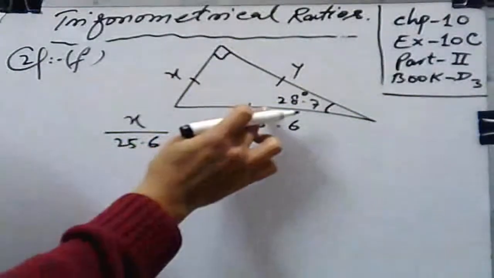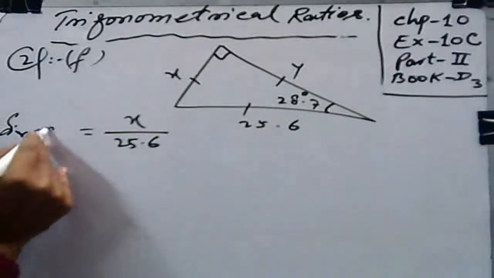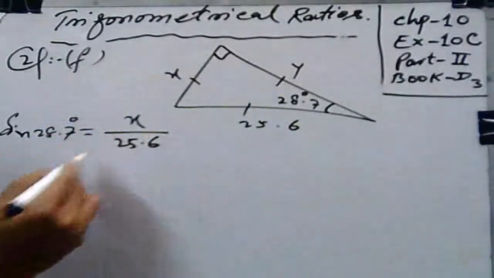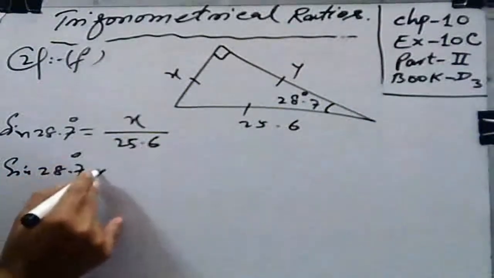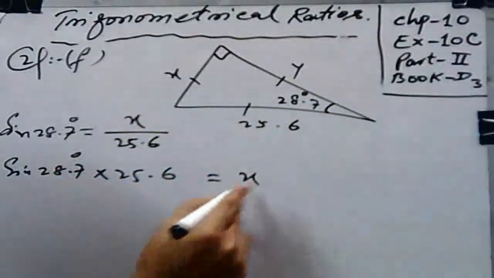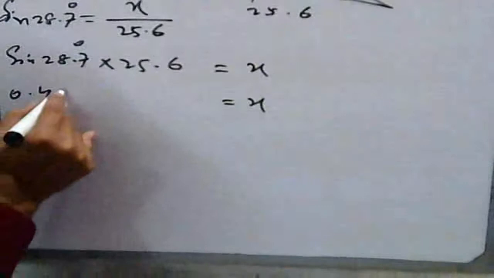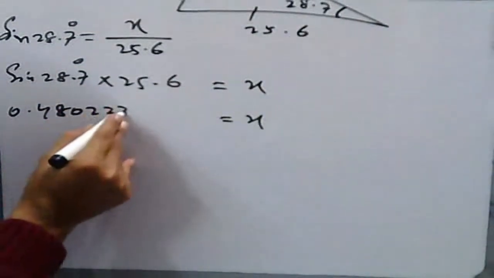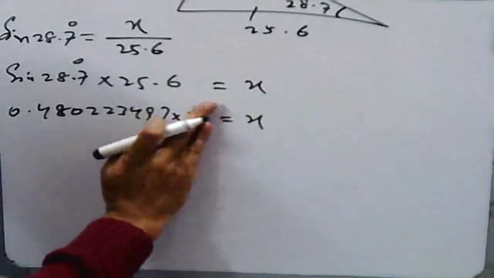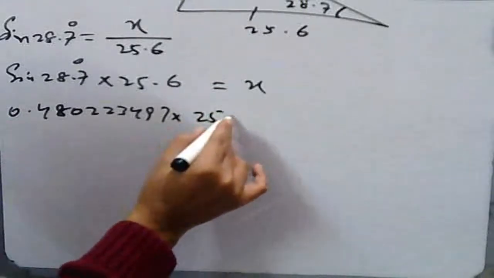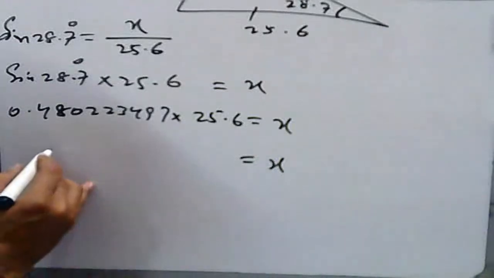Suppose this angle, in front of that is your opposite, so we know that opposite by hypotenuse is known as sine 28.7 degrees. We need the value of x, so by using cross multiplication, sine 28.7 degrees multiplied by 25.6 is equal to x. So sine 28.7 gives you 0.48022347 multiplied by 25.6.